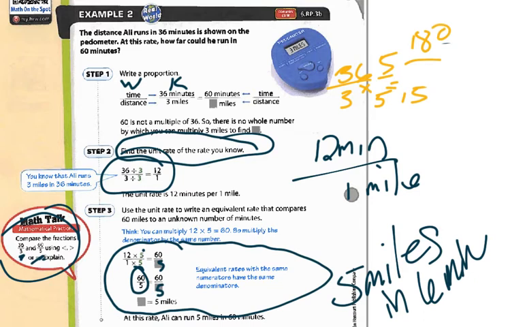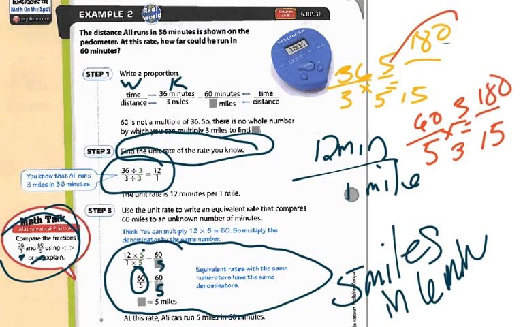Okay, then I'm going to do the same thing for 60 over 5, I need to convert that to 15ths. I'm going to multiply by 3 over 3 because 5 times 3 is 15. 60 times 3 is 180. Look at that. They are equal. So those are equal proportions. So we can compare them that way.